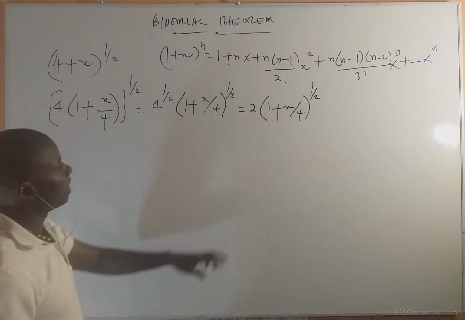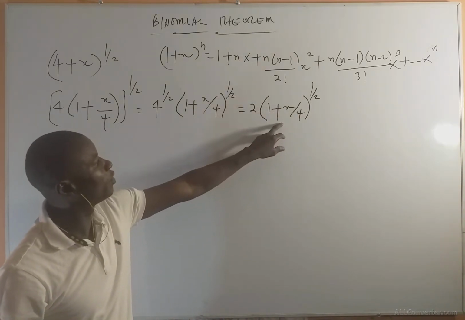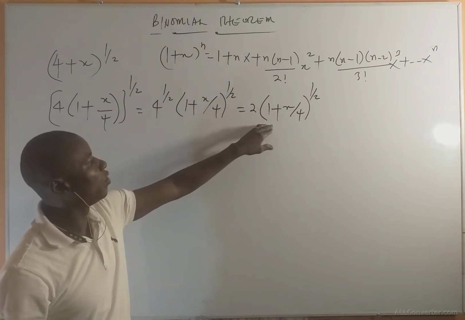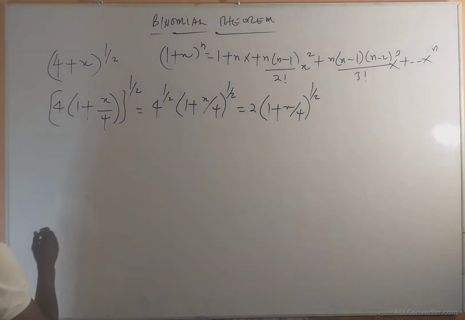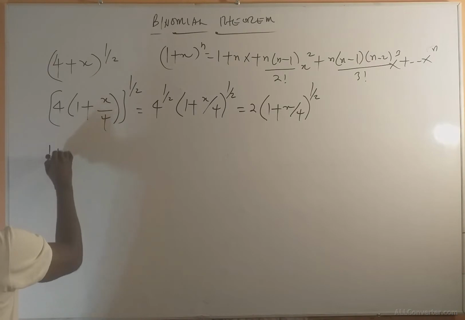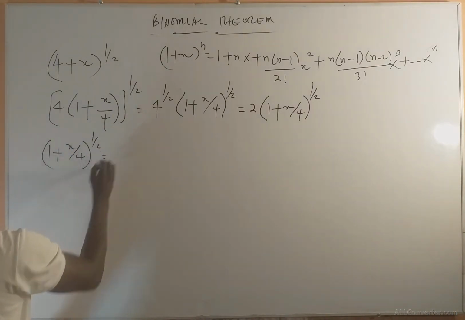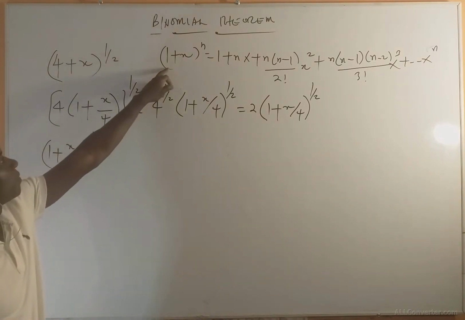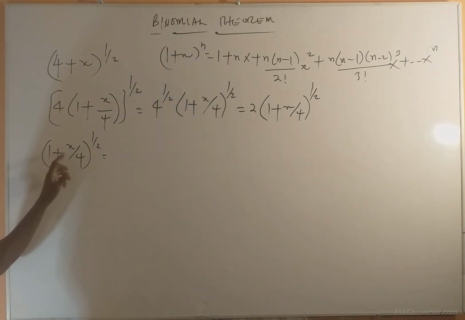And so we are now going to solve for (1 + x/4)^(1/2). When we are done, then we multiply our expression by the constant 2. Now when you compare this to the expansion, we have (1 + x)^n, and now we have (1 + x/4)^(1/2).